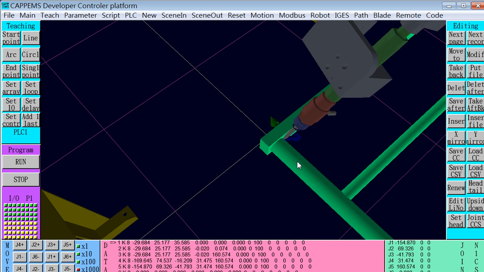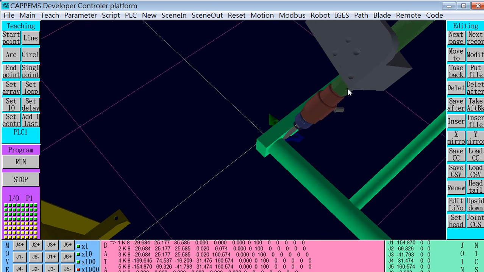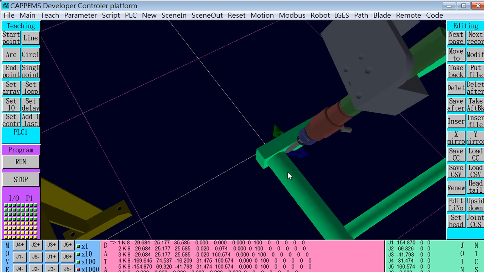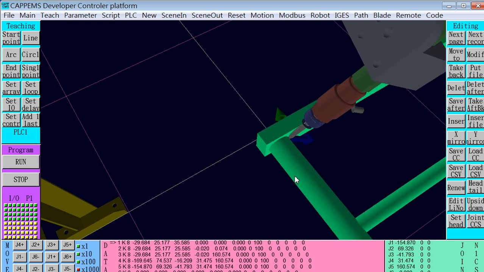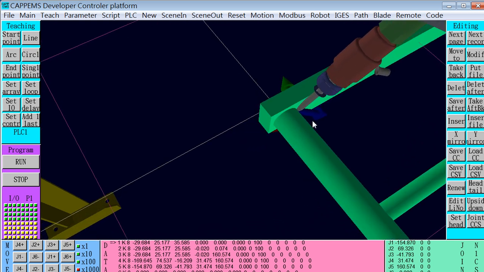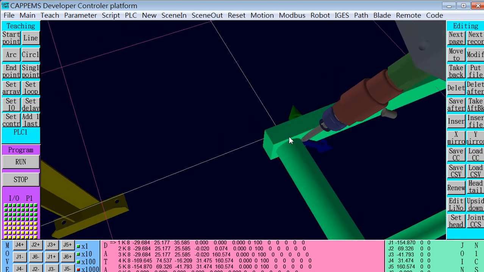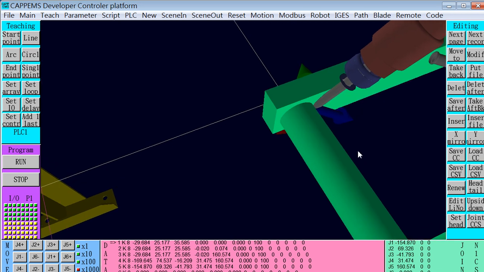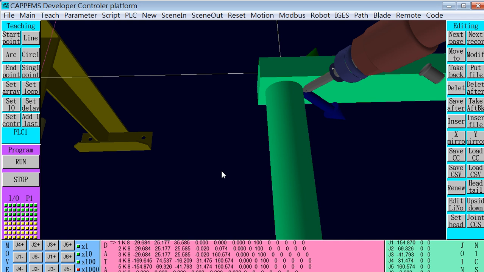then we have to keep the pose and move the tool along the circle to the top. Head, tail, a half side to the tail.